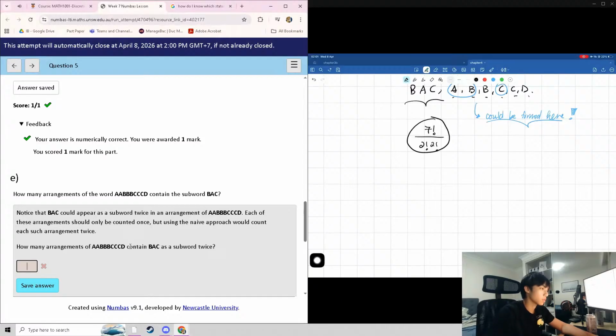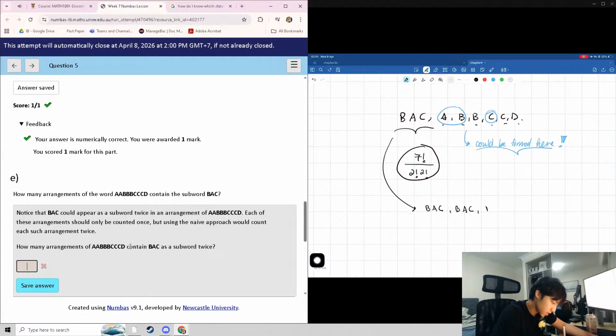Oh, okay. And we do BAC, and we get 1 B left over, 1 C left over, 1 D left over. 5 factorial.